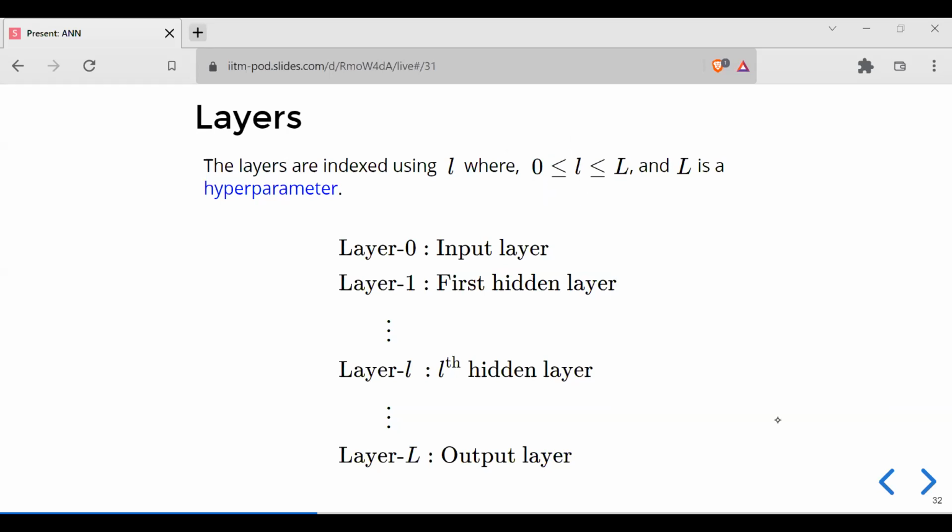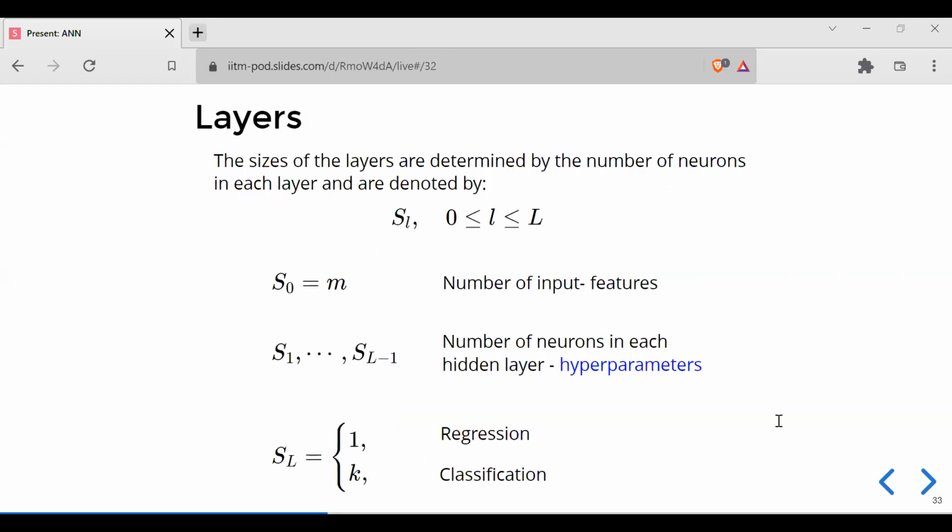S0 denotes the number of inputs in the input layer, S1 the number of neurons in the first hidden layer, S(L-1) the number of neurons in the (L-1)th hidden layer, and SL the number of neurons in the output layer. For regression you have 1 neuron, and for classification you have K neurons in the output layer. Just read it and understand these notations.